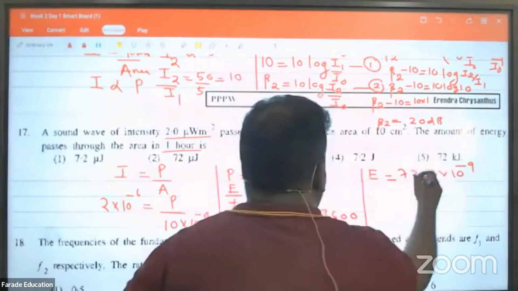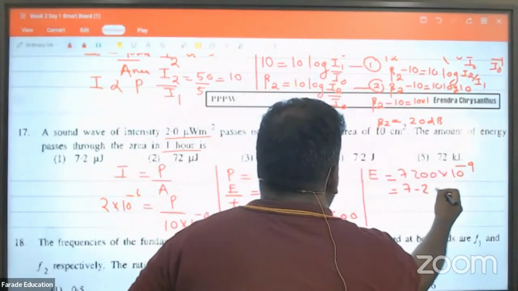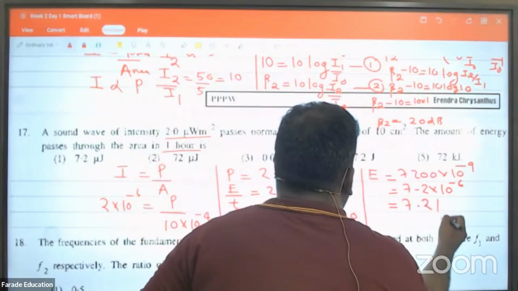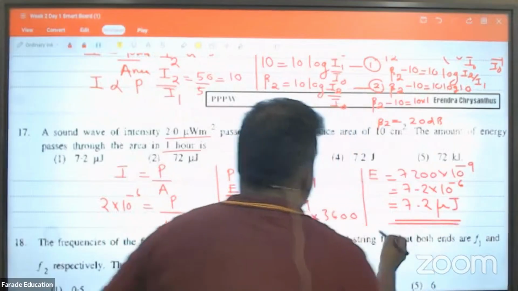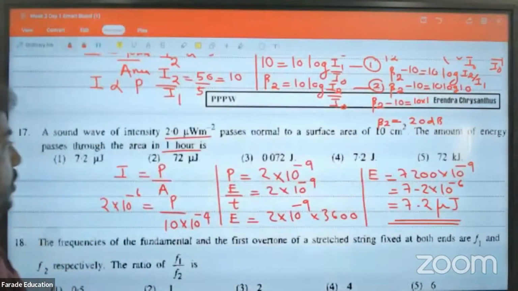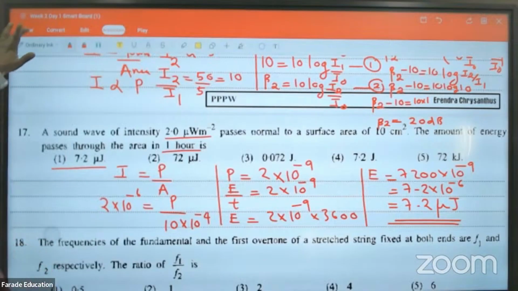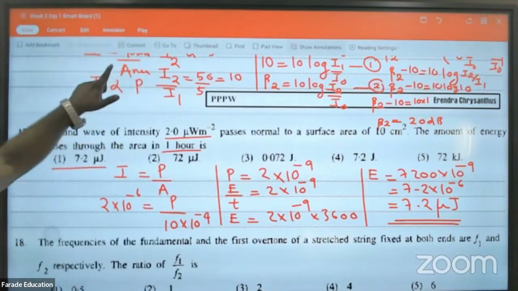If I jump 3 decimal places, 7.2 times 10 to the power minus 6. That is 7.2 microjoules. See whether you have that answer. Yes, answer number 1. 7.2 microjoules, answer number 1, the 17th one. That is connected to this. Can you see?